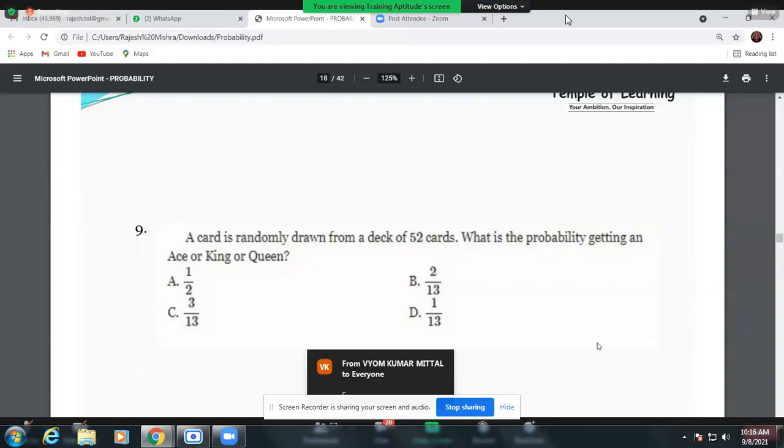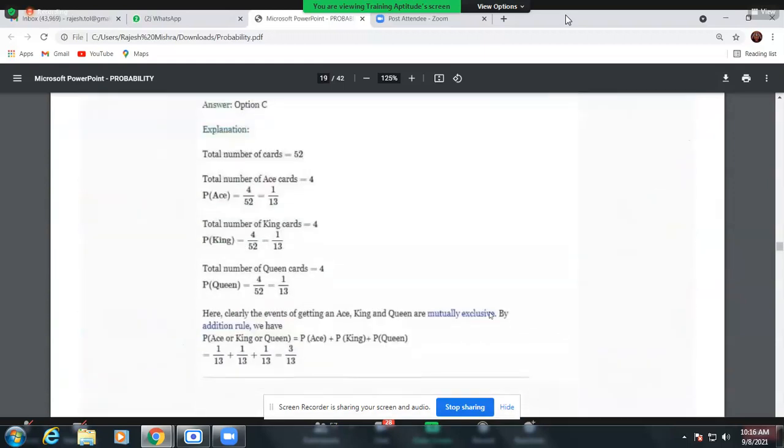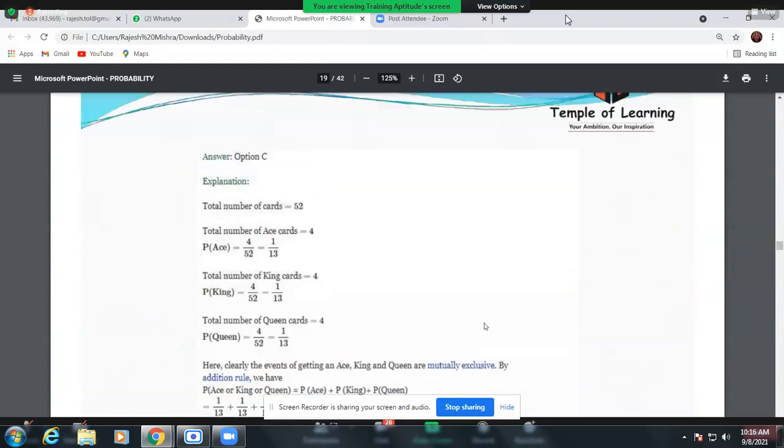Logically, it is correct. But if you look at the fundamentals of probability, there is a mutually exclusive addition rule. I'm not going into the details. So you get the same answer because there is nothing overlapping between an ace or a king or a queen. When there is an overlapping, we take out that overlap.